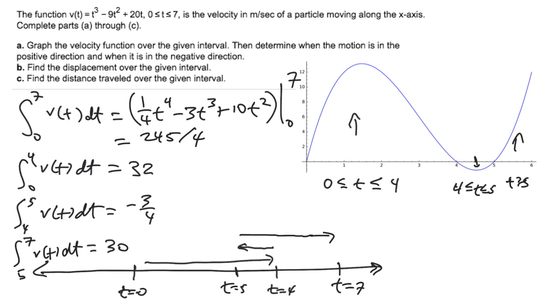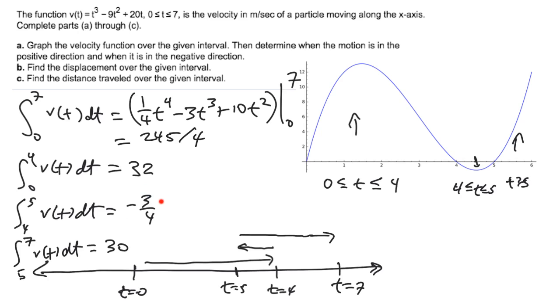So the story is that my particle goes 32 meters to the right, then goes 3/4 of a meter back to the left, and then goes 30 meters again to the right. If you add those numbers together with the positive and negative signs, you get 245 fourths. That really is where it ends up. If you want to know how far you traveled, then you wouldn't count this as negative against your travel.